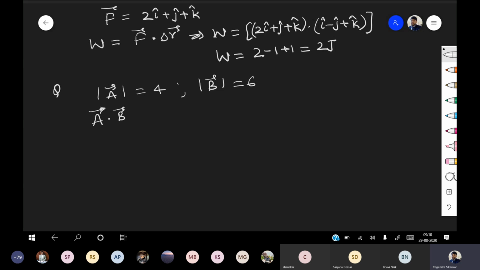What is the angle between the vectors? As they are talking about magnitude, it should be A cross B, the magnitude of that.